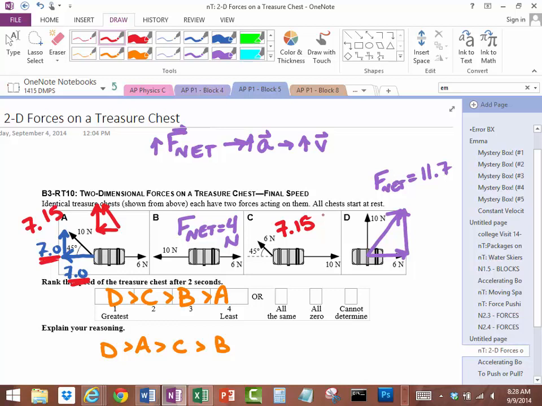All right, my friends. What are we getting for C? 7.15. Wait, how did you find it? The same way we did with this one. So we're going to break it up into the pieces, right? So then you'd have sine 6, 45. Yeah. And subtract that from 10.